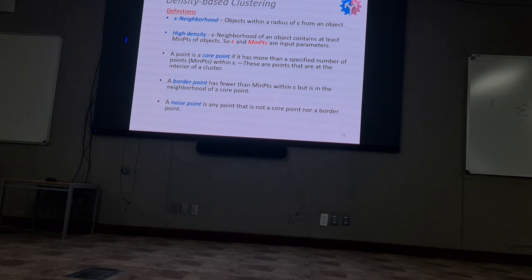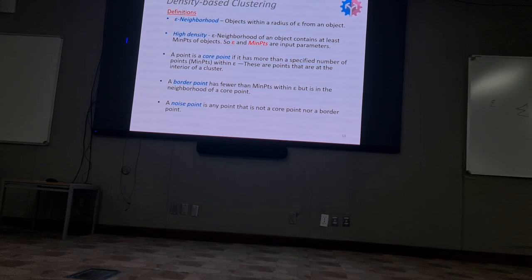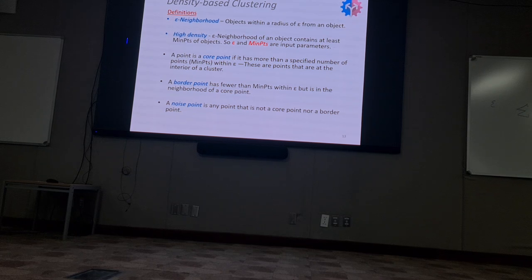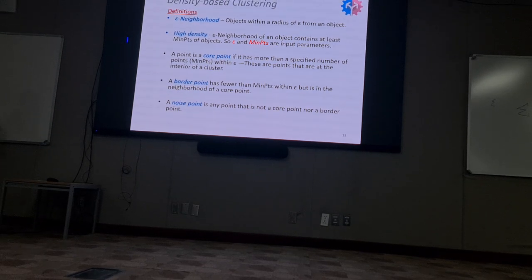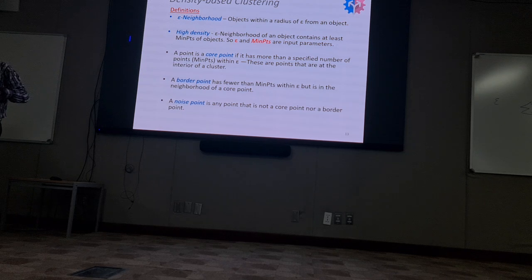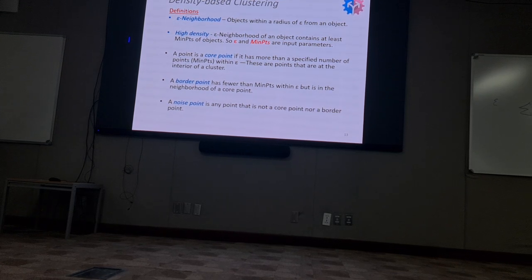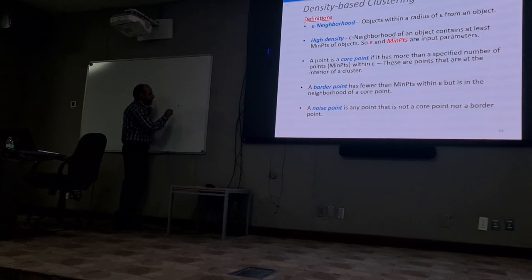Epsilon or E neighborhood: objects within a radius of E from an object. So E is what? Read it again: a radius of epsilon. So epsilon is a radius. If this is an object, what does a radius mean?